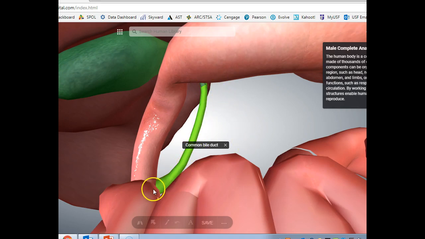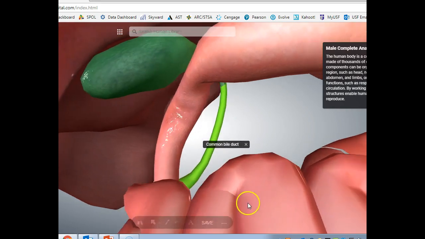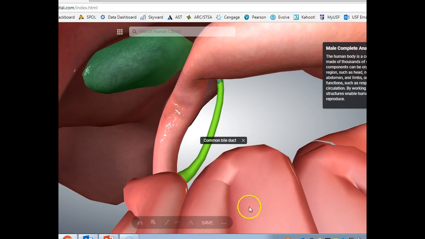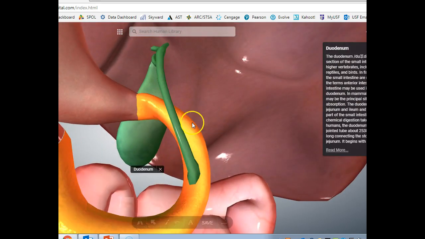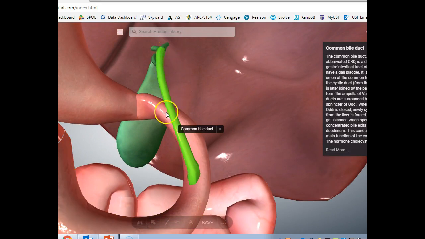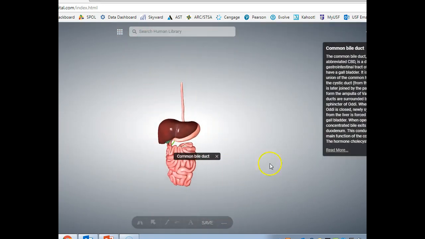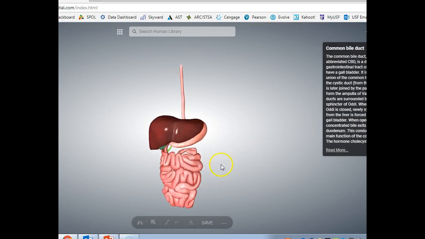They form the common bile duct, and this is going to drain the bile into the duodenum. So here we can see on the back side that it's going to drain down into the duodenum.